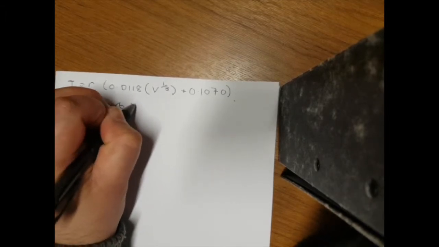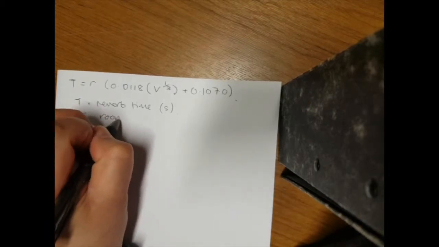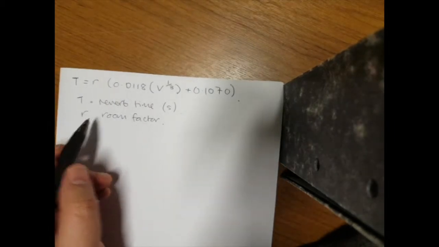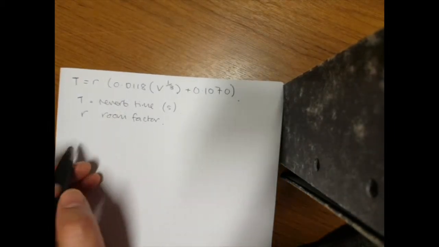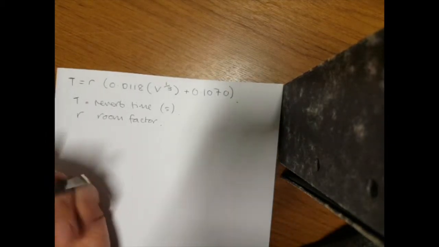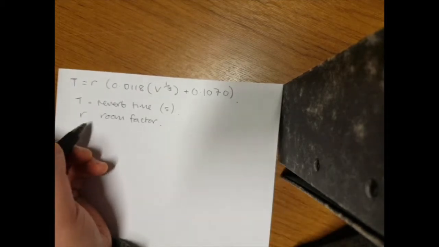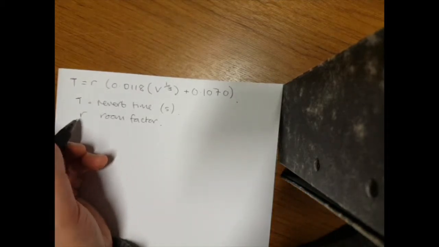So T is our reverb time. That's going to be our optimum reverb time really, so that will be in seconds. We've got R, which is a rim factor. So R basically just applies for this equation, and what we need then is to know what sort of sound that we want to let out into this room. So R can be one of three numbers.